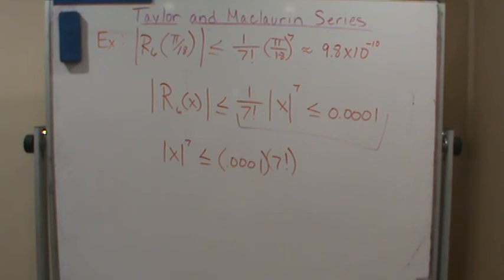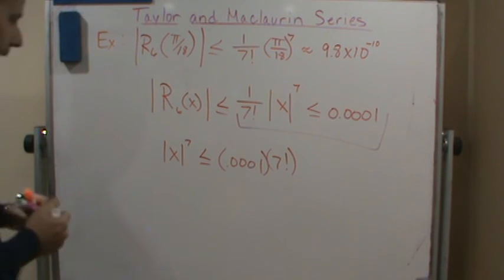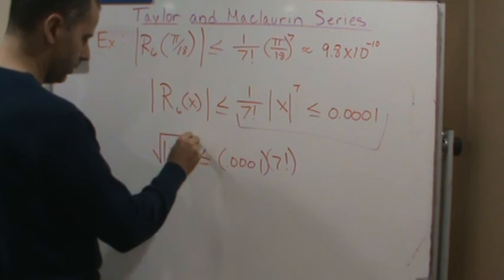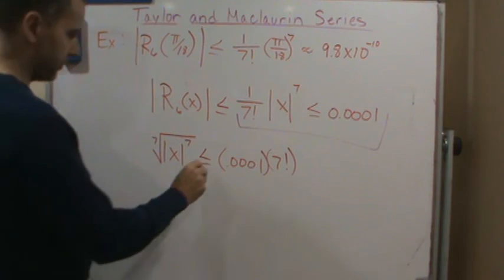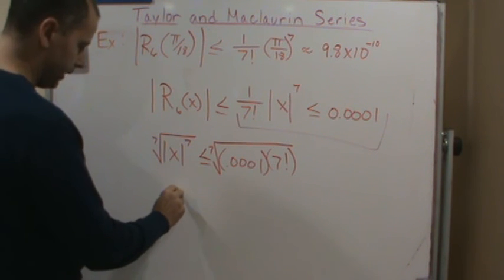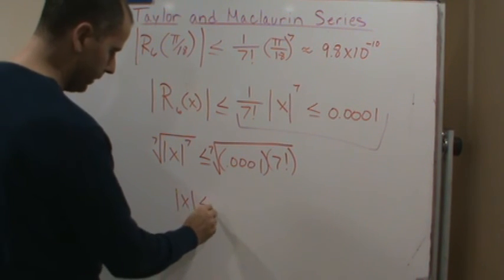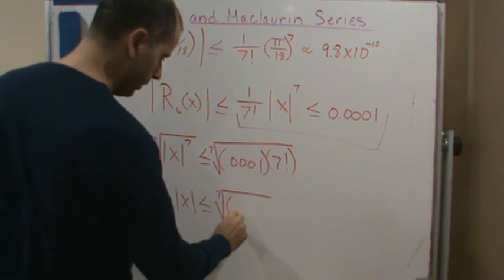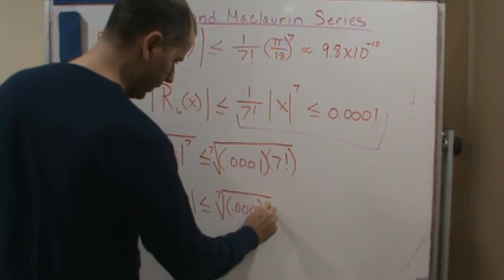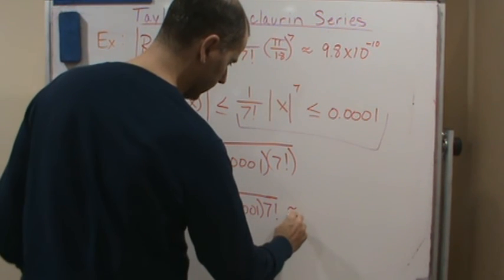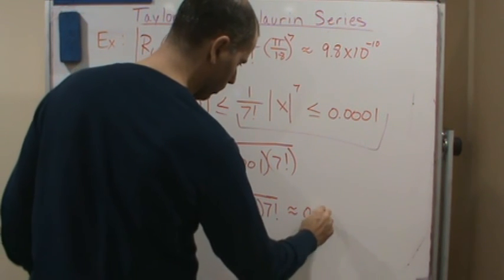And so what we're going to do is then take the 7th root of both sides. And so we get the absolute value of x has to be less than or equal to the 7th root of 0.0001 times 7 factorial, which is approximately equal to 0.0907.